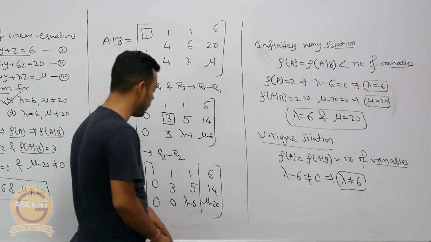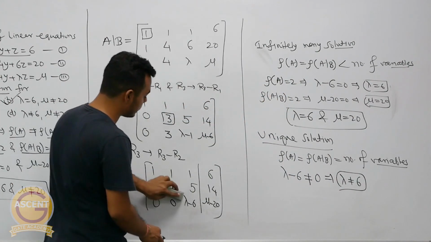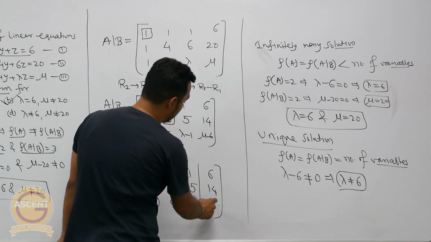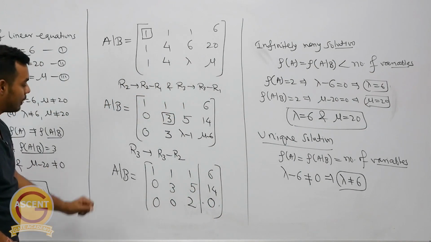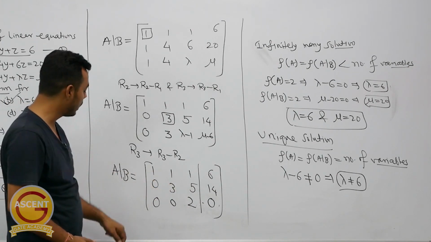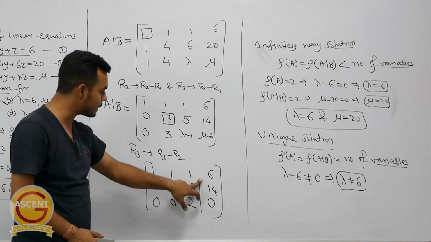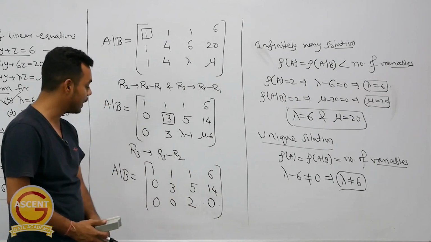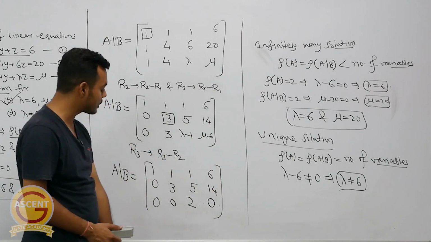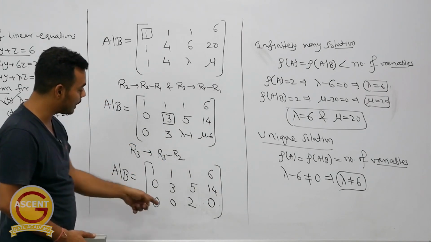See, if you have some non-zero number here, say 2 here, and this quantity is 0, what is the meaning of this? If I ask you what is the rank of matrix A, the rank of matrix A will be 3. All the 3 rows are non-zero. And what is the rank of augmented matrix A|B? This is your augmented matrix, which is matrix A plus the constant matrix. So the rank of the augmented matrix is also 3.